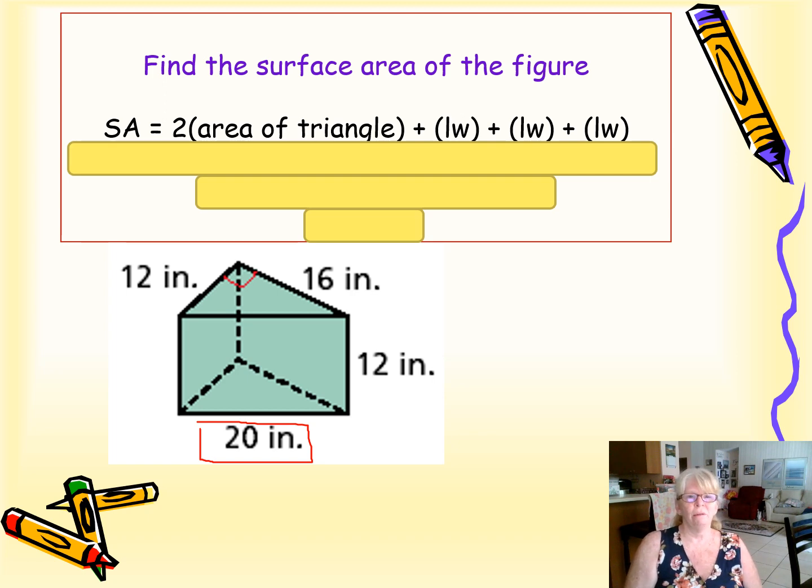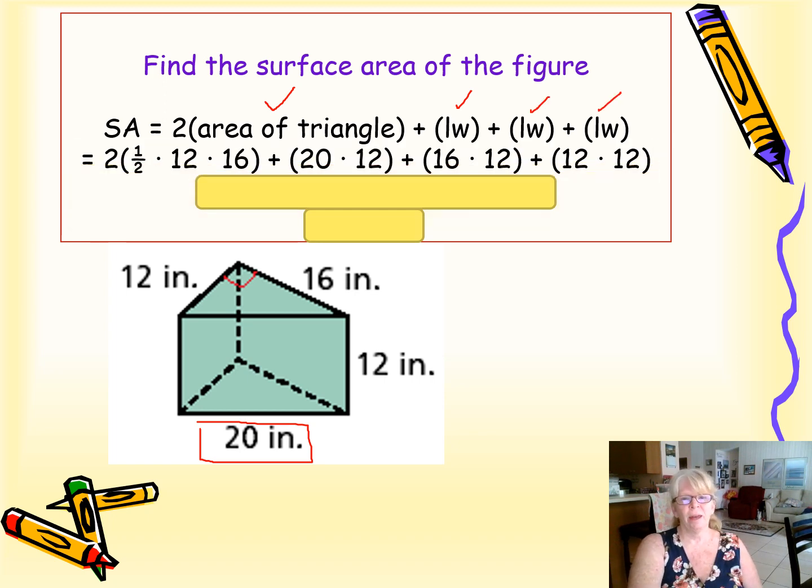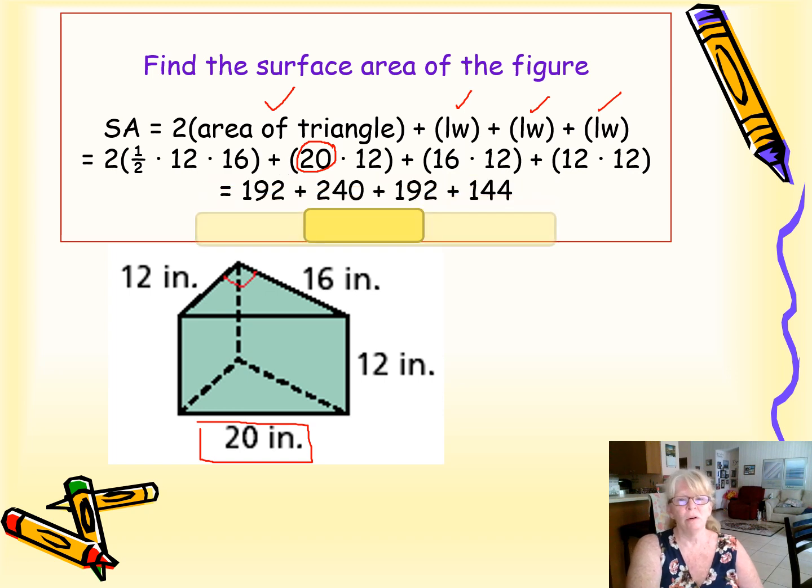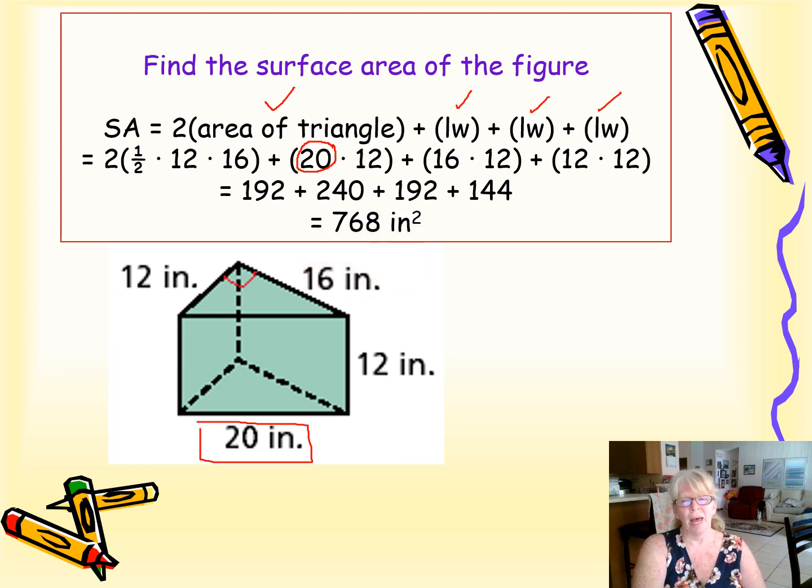Okay, so you have two areas of a triangle and you have three other pieces. Okay, and there's all the numbers popped in. Here's where the 20 comes in. Can't leave that out because we need to have the area of that triangle. And then you simply multiply and then add.